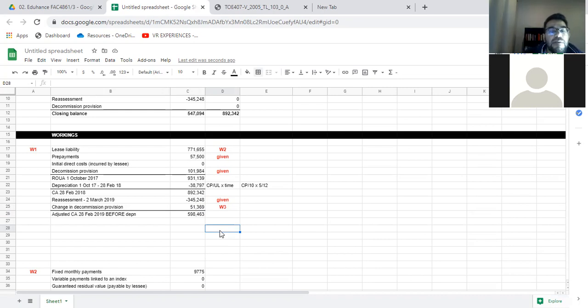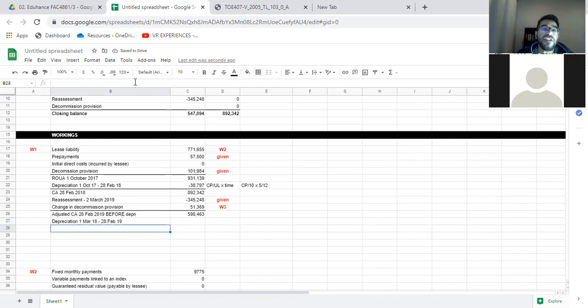Remember, depreciation must be spread over the useful life. The useful life has changed. There's a change in useful life. It was 10 years. It is now 2 years. So when there's a change in useful life, we say carrying amount divided by the remaining useful life. Depreciation from 1 March 2018 to 28 February 2019 is 1 year.